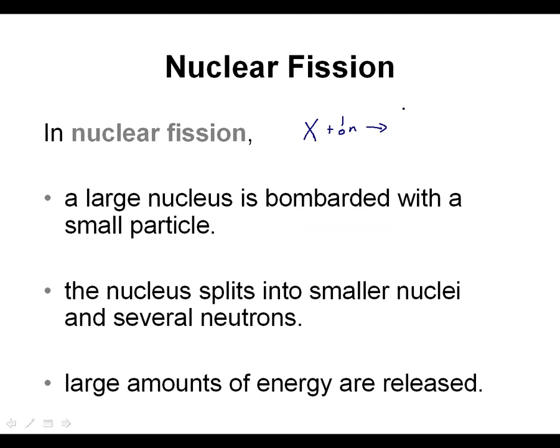It becomes unstable and splits into two nuclei, and usually will produce a bunch of neutrons as well. And in addition, it will give off a lot of energy. So in a fission reaction, this is actually the reaction that is used, for example, in a nuclear power plant.